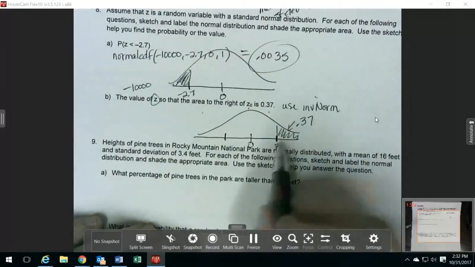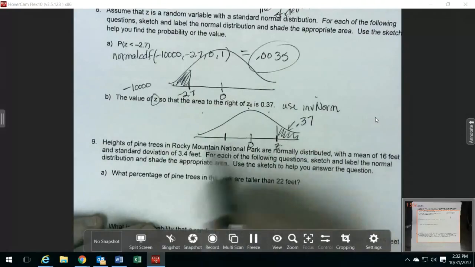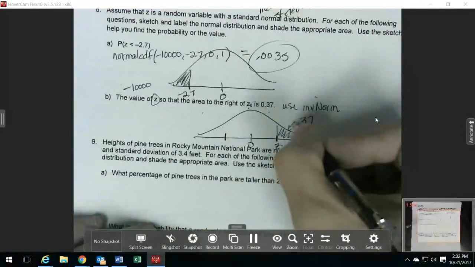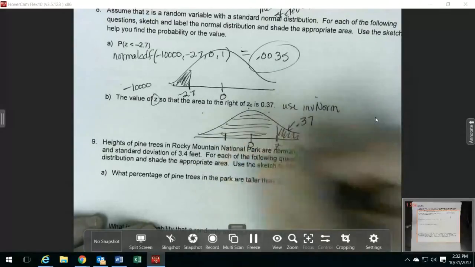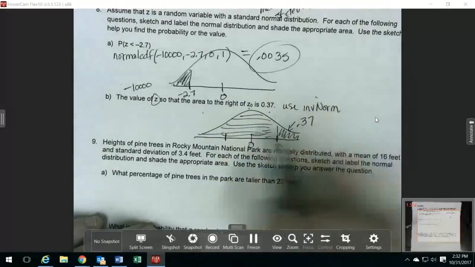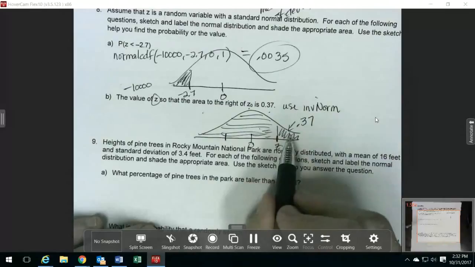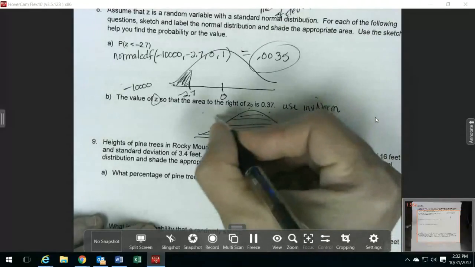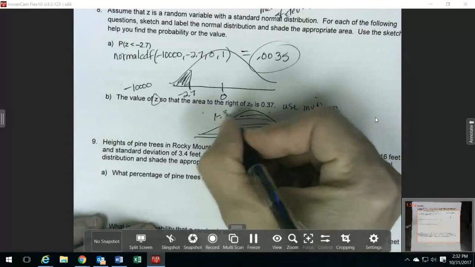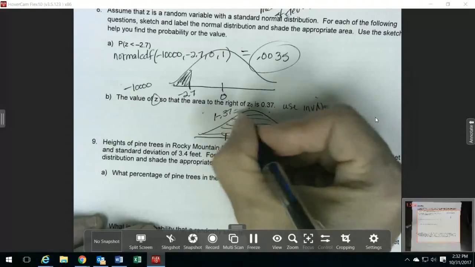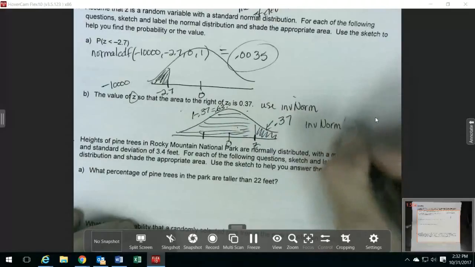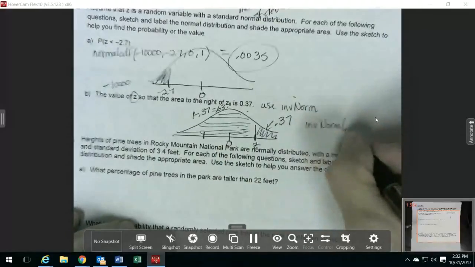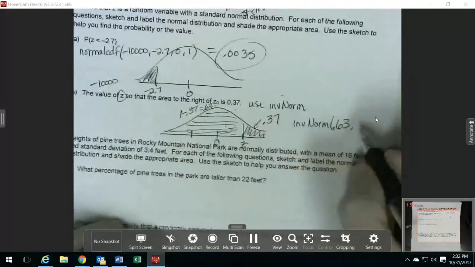Now the inverse norm on the calculator assumes that you're going from the number to the left. So I need to find the area in this part over here so that I know what to put in my calculator. These two pieces have to add up to 1. So this area over here is 1 minus 0.37, which is 0.63. On my calculator, I'm going to do inverse norm. I'm putting in my area to the left, which is 0.63.